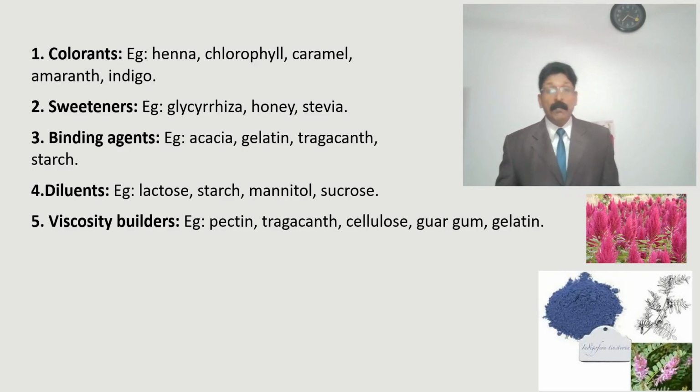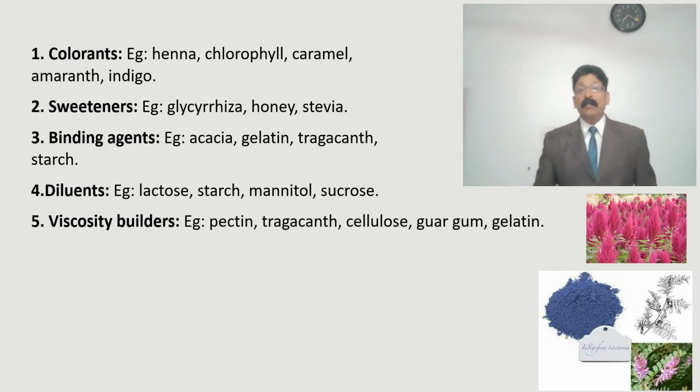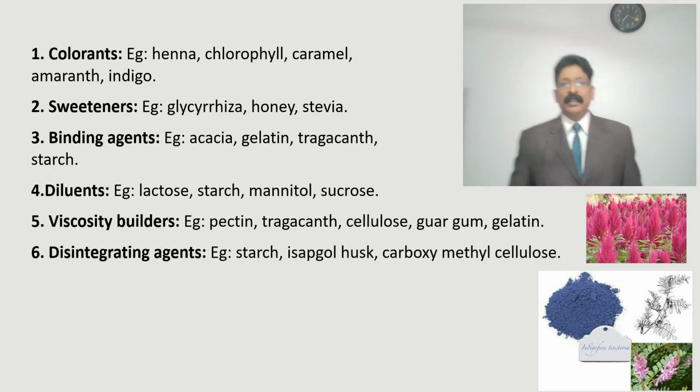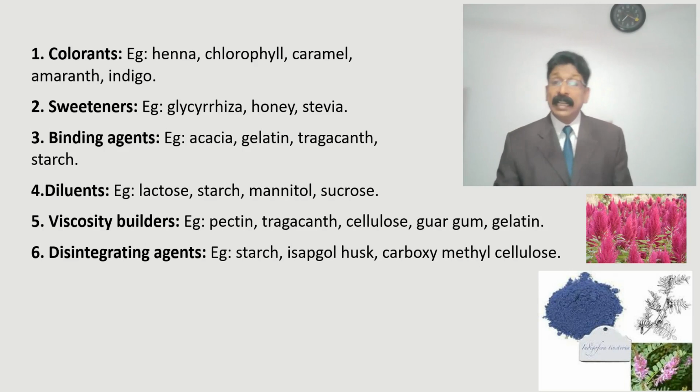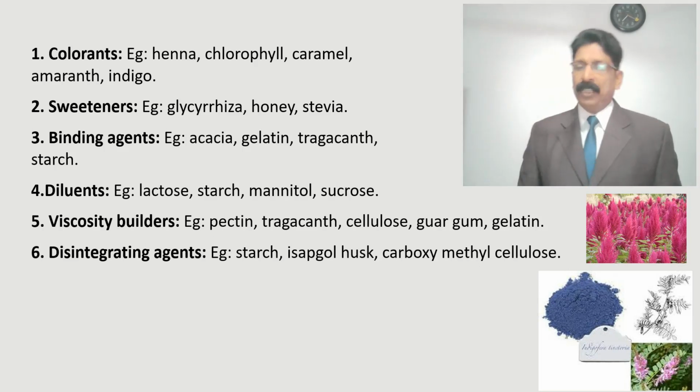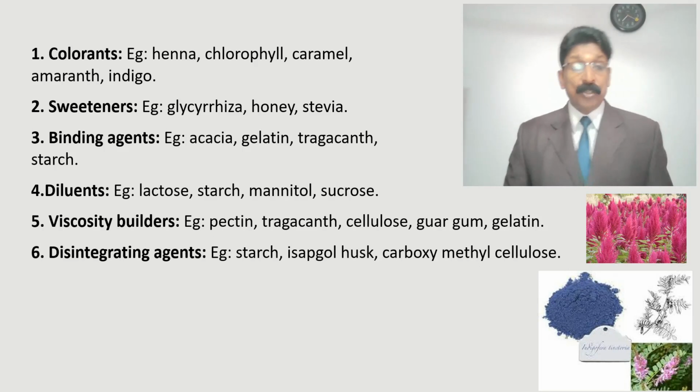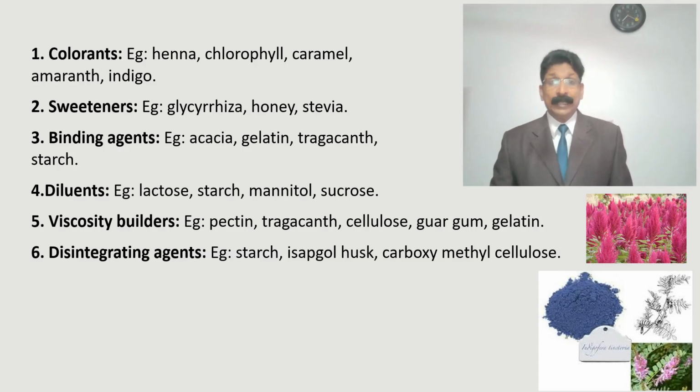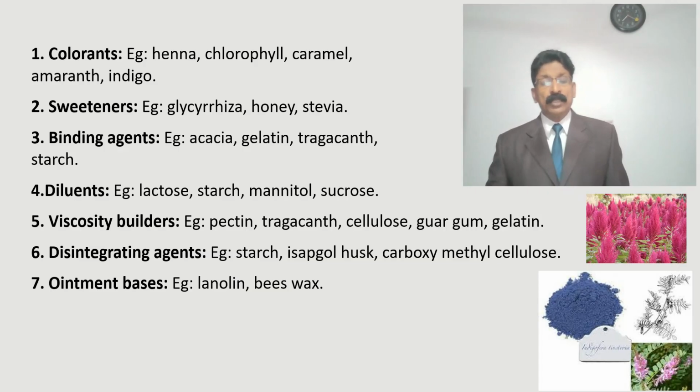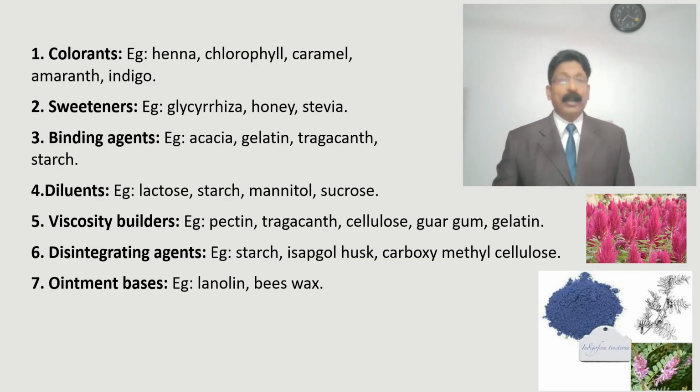Viscosity binders like pectin, tragacanth, cellulose, guar gum, gelatin. And when we come to disintegrating agents, very important for tablets and other formulations also. Example, starch, ispaghula husk, carboxymethyl cellulose, all of them are natural sources.